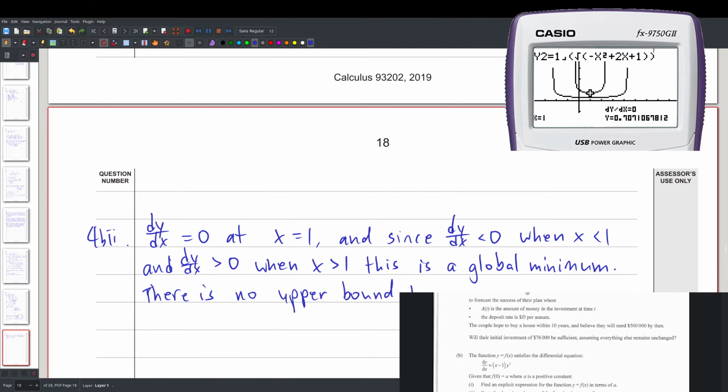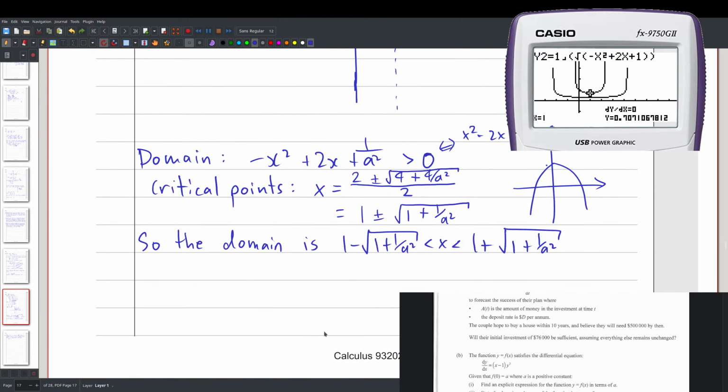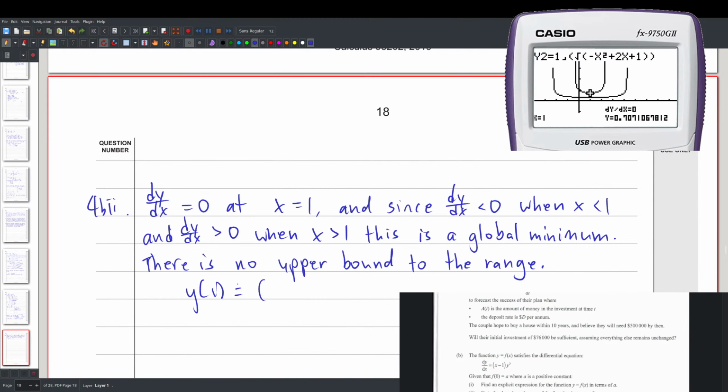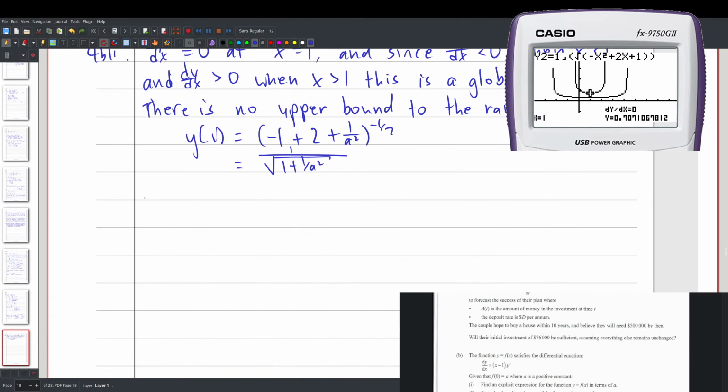The range. y of 1, however, is 1 on the square root of 1 plus 1 on a squared.